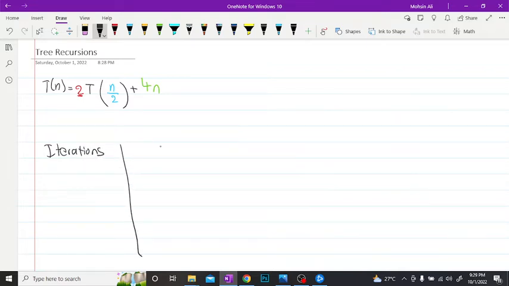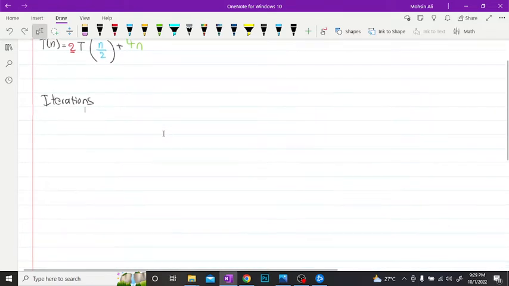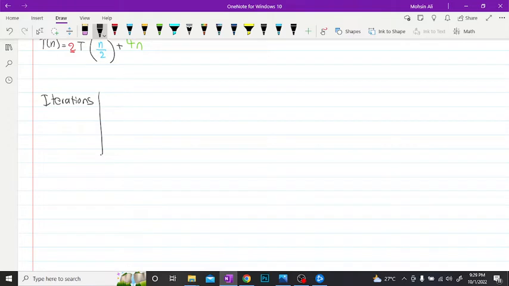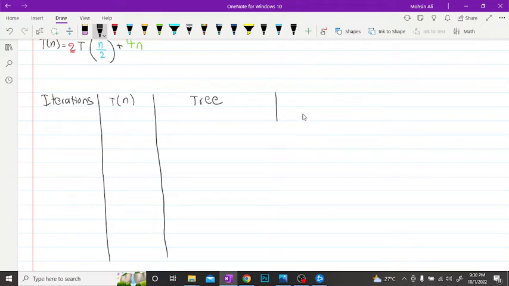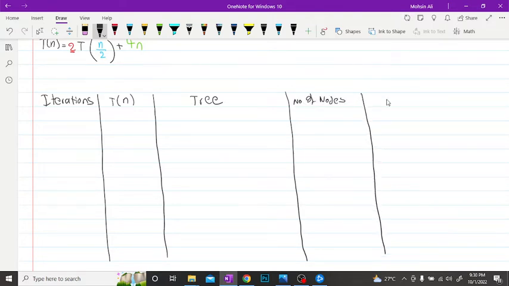Then, let me just make a good column line. Yeah, there we go. So I like to do iterations, and then after that, I like to do T of n, which is basically my function. Then I like to write my tree. Then I like to do number of nodes. And then last, I like to write row sum.